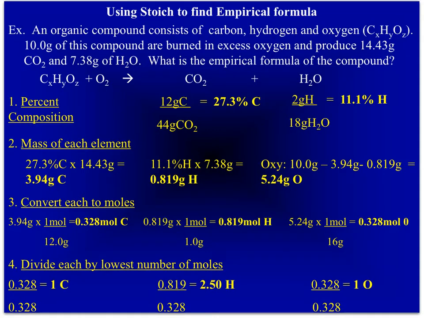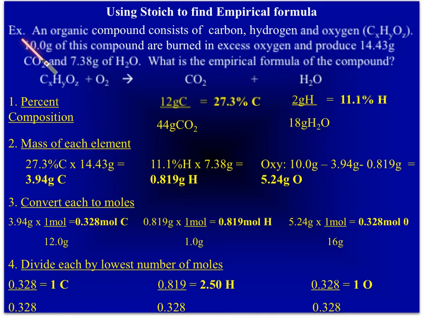Okay, so this is how to find the empirical formula from a combustion reaction. What we've got in this problem is an organic compound that consists of carbon, hydrogen, and oxygen, but we don't know how much.